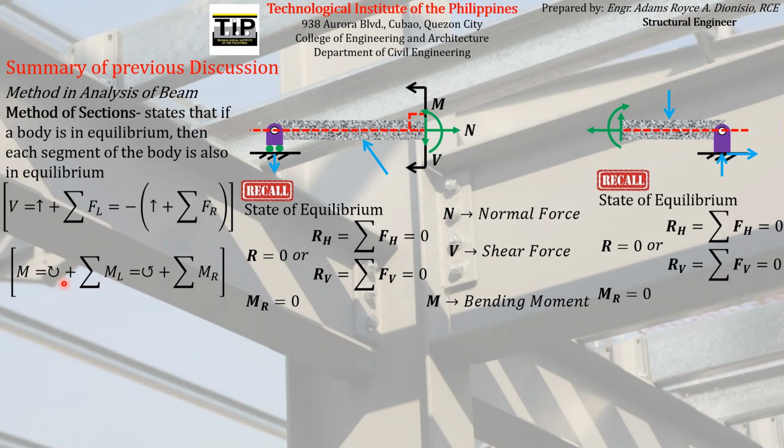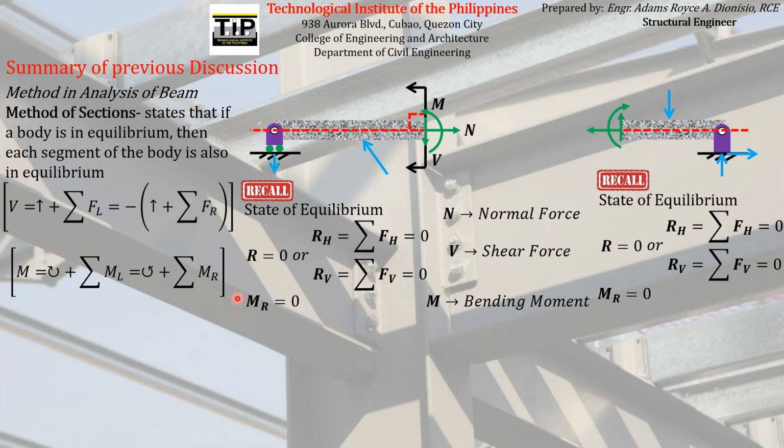With the sign convention that if we use the left segment, we assign positive senses to all the clockwise moments, but the opposite if we use the right segment. Those are what we studied in our previous discussion.